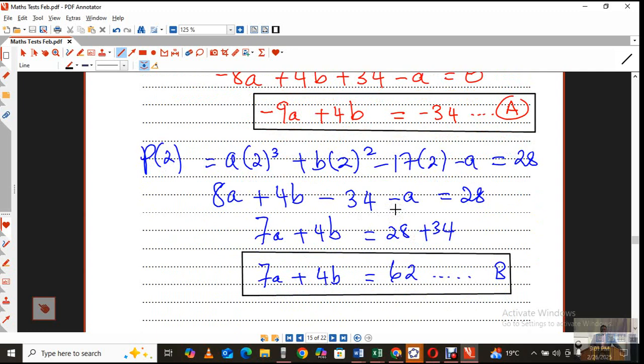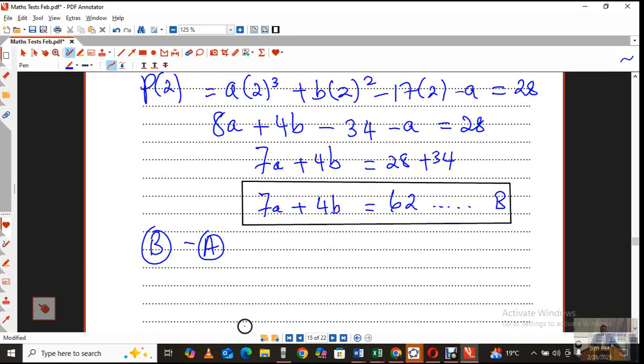I'll take equation b and minus equation a from it. There are many ways; I'm just using the method of elimination because I see that those 4b's will cancel each other. So that is 7a plus 4b, which is equal to 62. And I'm going to subtract equation a.